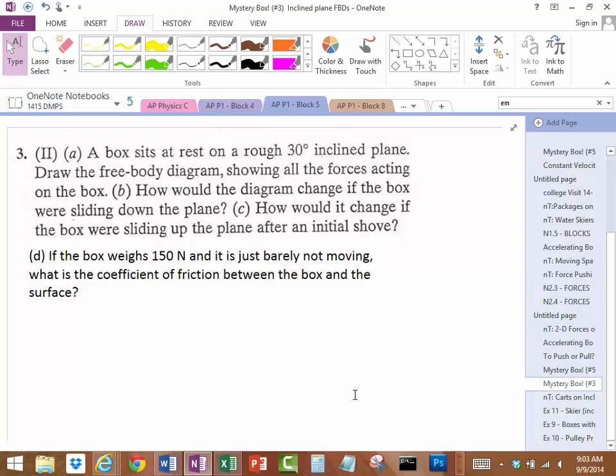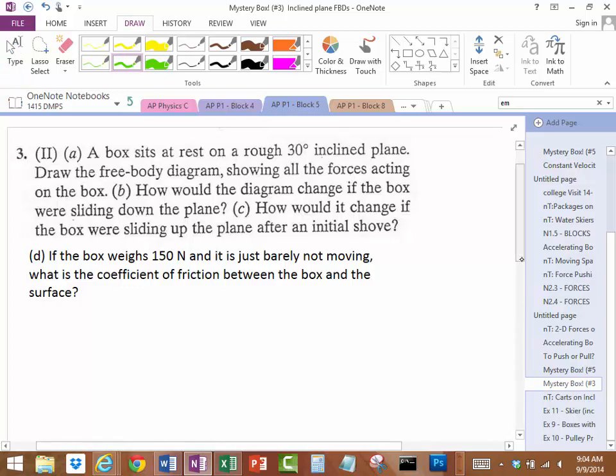All right. So we're on an incline plane. Okay? Everybody know what that means? It's a ramp. I told you it's gonna be big.